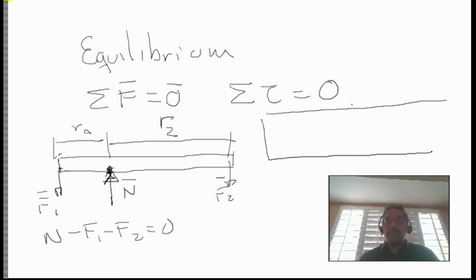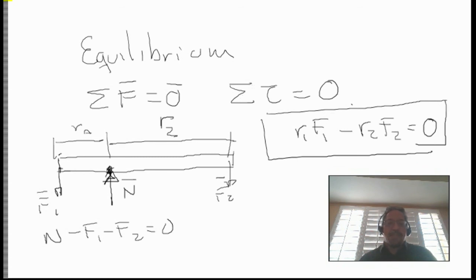But if we choose this one, the torque of n is 0, and we just have to add the torques of F1, which is going to be positive, and the torque of F2, which is negative. The torque of F1 is R1 F1, so that's torque 1, and torque 2 is minus R2 F2, and that sum is 0.